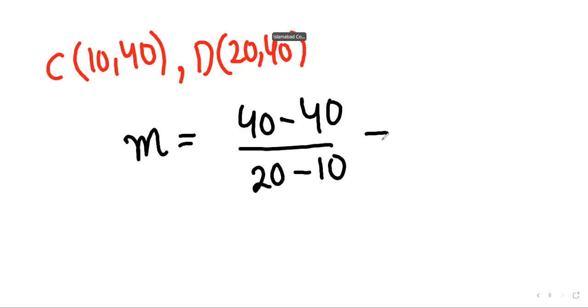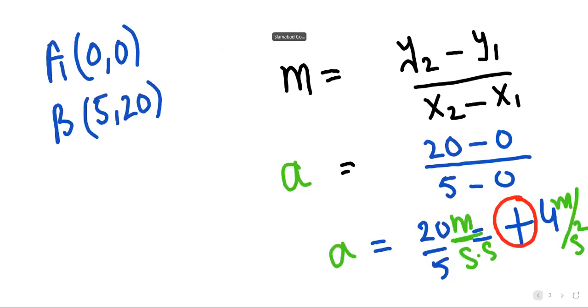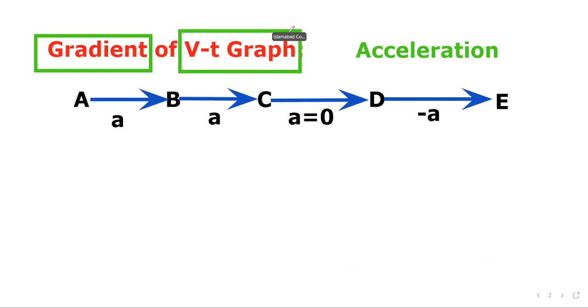So 40 minus 40 is 0, over 20 minus 10 is 10. So gradient is 0. It means the velocity of the object is constant. See, from C to D, by looking at the graph, we already found that the acceleration would be 0 at that point.